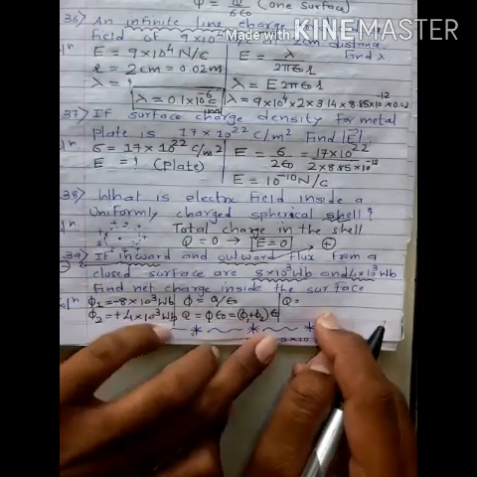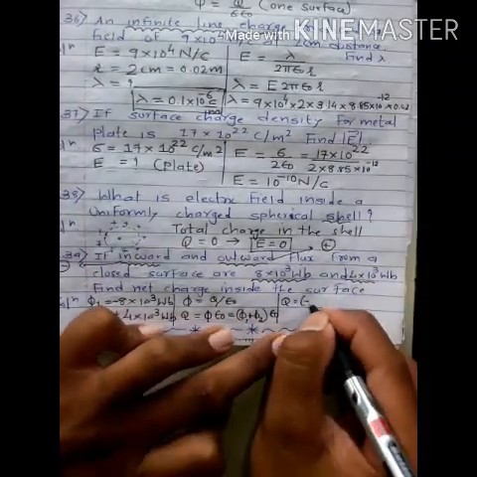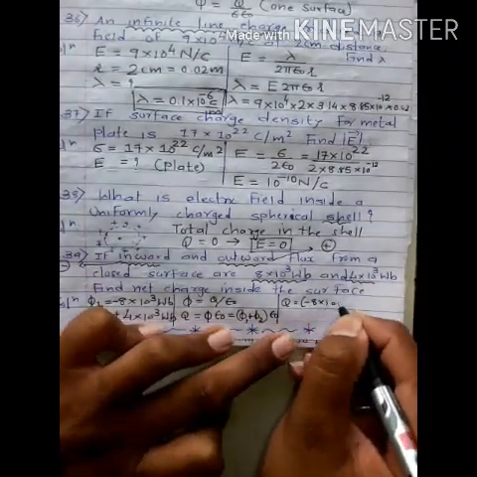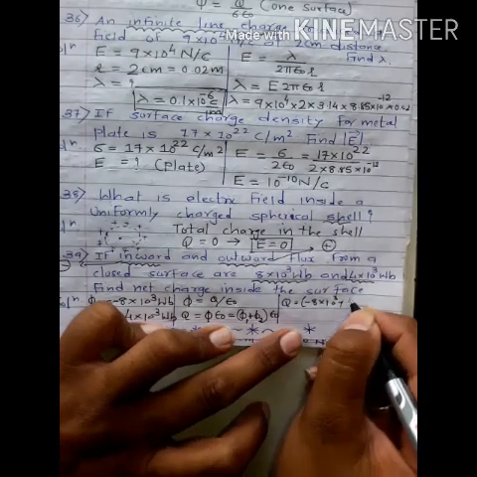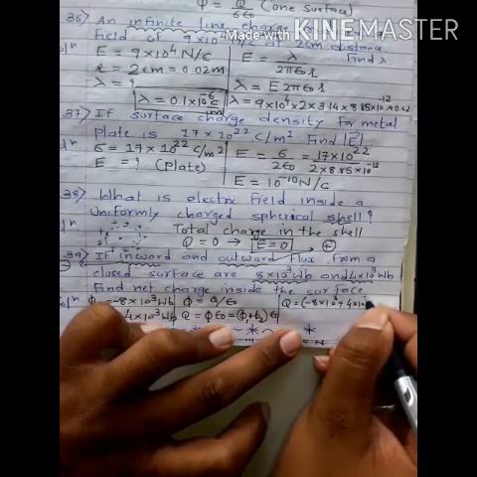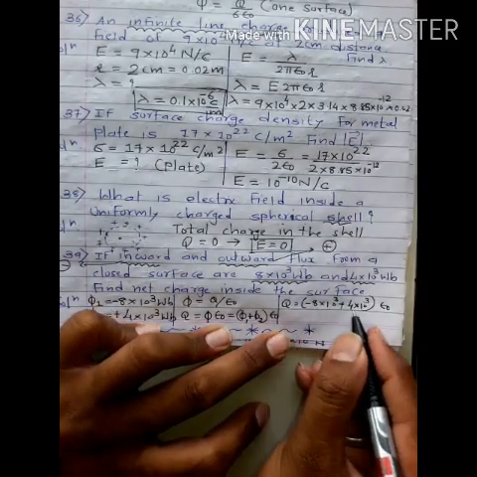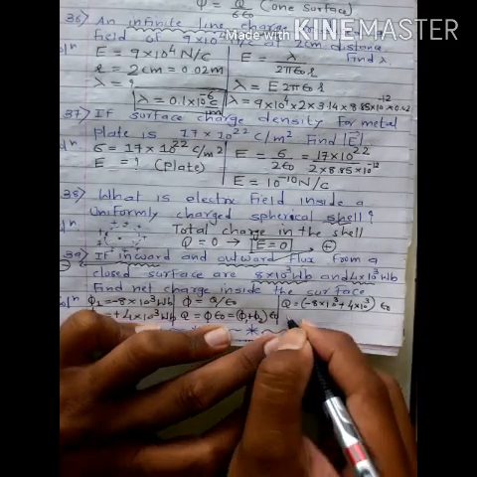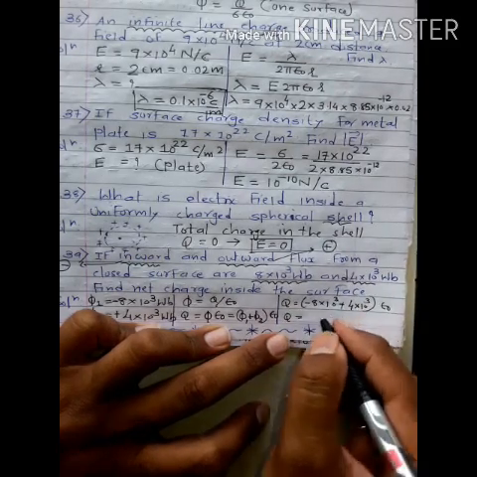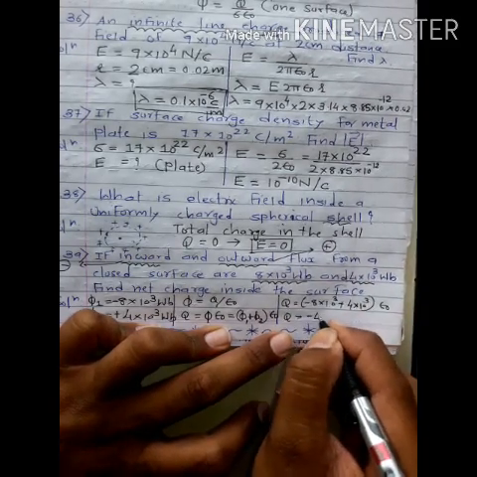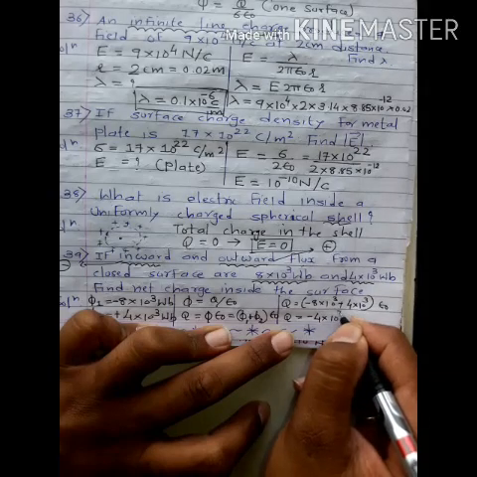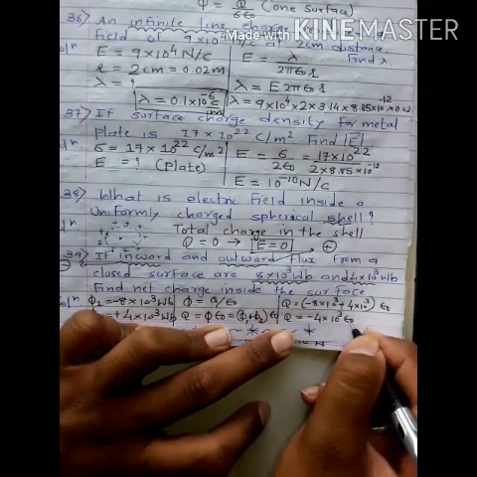So Q is equals to phi1, it is negative, minus 8 into 10 raised to 3 plus phi2, 4 into 10 raised to 3 into epsilon 0 as it is. Minus 8 into 10 raised to 3 plus 4 into 10 raised to 3. So charge is given by minus 4 into 10 raised to 3 into epsilon 0.